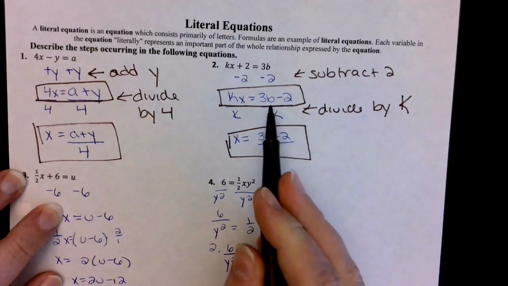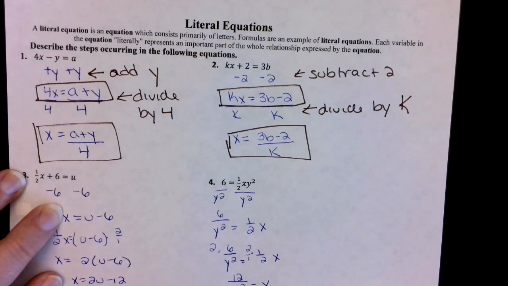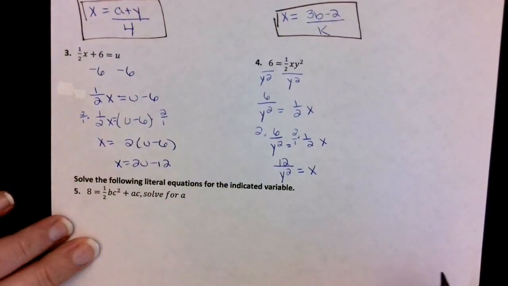And then since I had to divide everything by k, 3b minus 2 is all over k.